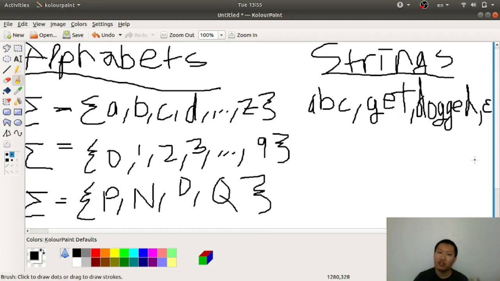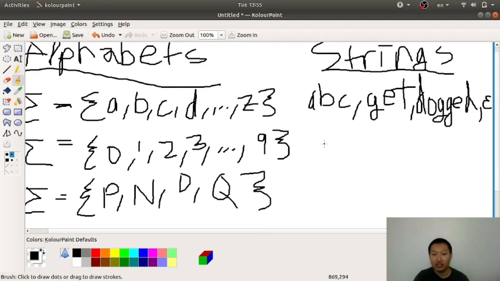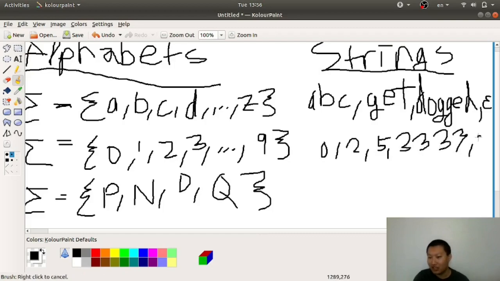Okay, and we can do the same thing with the other alphabets. We can consider strings from the alphabet of digits, maybe like 0, 1, 2, or just 5, or we could have like 3, 3, 3, 3, or we can also have the empty string again, right? These are all examples of strings using the second alphabet, the alphabet of digits.